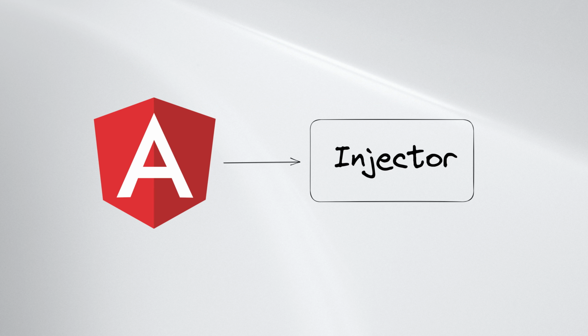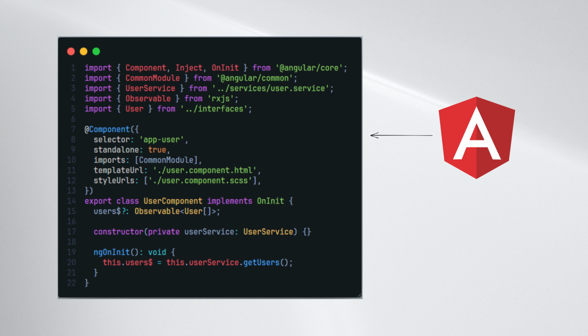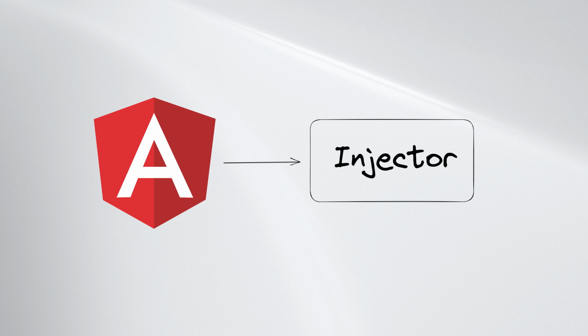So Angular uses something called an injector. When Angular tries to create an instance of the component or a directive, it looks at the constructor parameter of that component and determines that this component is dependent on that particular service. So it goes to the injector to check if that instance of that service is available or not.